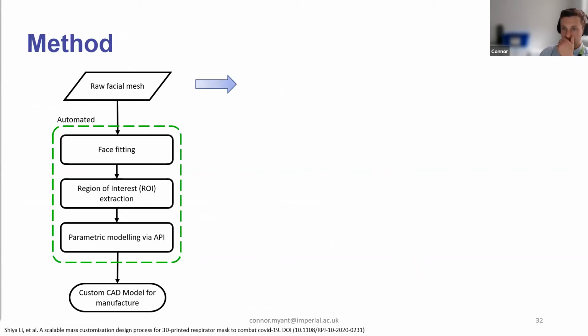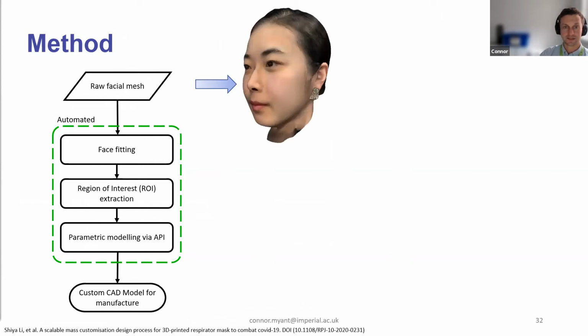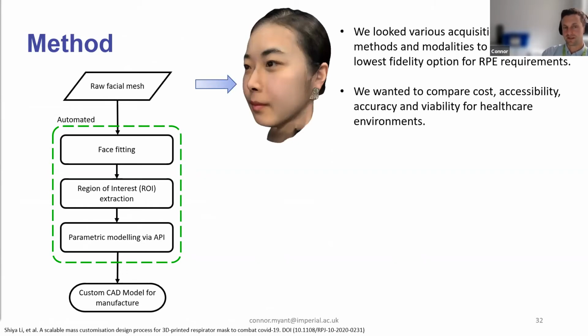So the first step is getting a raw facial scan, a 3D scan of your face, something like this. And to do that, we looked at various different methods, devices to get these scans.